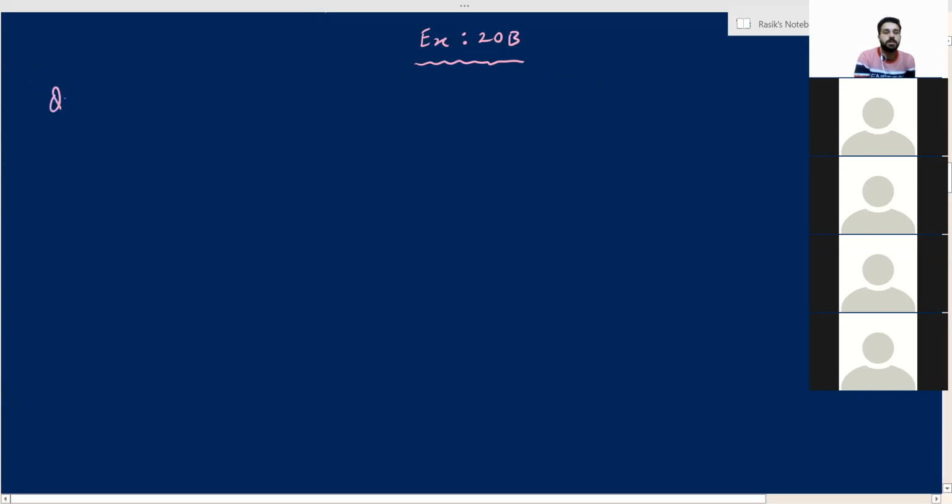Yes, sir. Question number 4. A rectangular grassy lawn. The concept is the same as question 3, the same as question number 1. Okay, try question 3 in homework. Question 4: a rectangular grassy lawn measuring 38 meter by 25 meter has been surrounded externally by a 2.5 meter wide path.